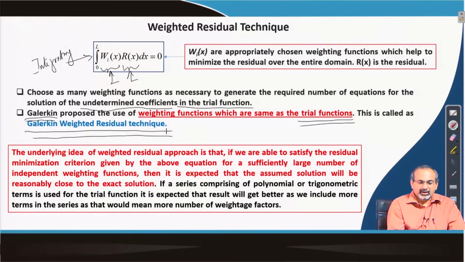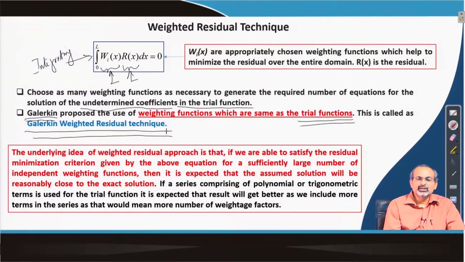So, the underlying idea of the weighted residual approach is that we are trying to satisfy the residual minimization criterion for a sufficiently large number of independently set weighting functions, and it is then accepted or rather expected that the assumed solution or the trial solution will be rather close to the exact solution. So, the more the number of constraints, the more proximate will be the trial solution to the exact one.